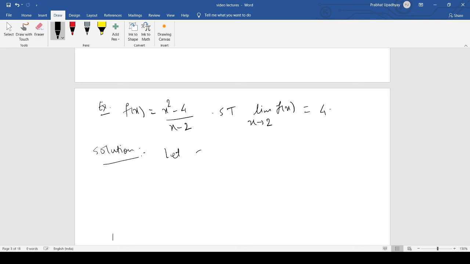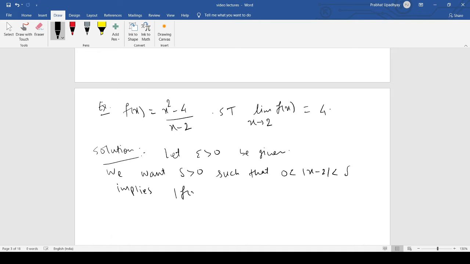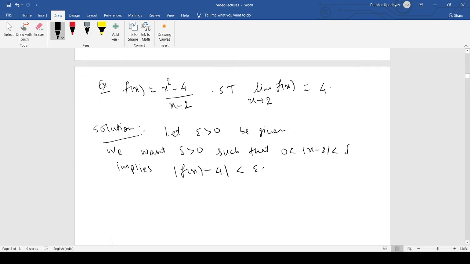So again, let epsilon greater than 0 be given. So we want delta greater than 0 such that 0 less than mod x minus 2 less than delta should imply mod of f of x minus 4 is less than epsilon.